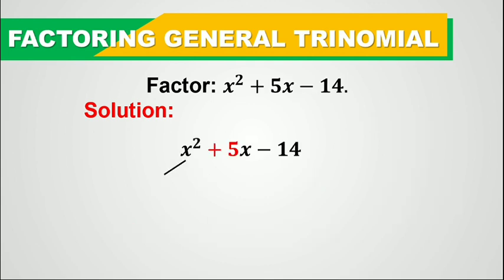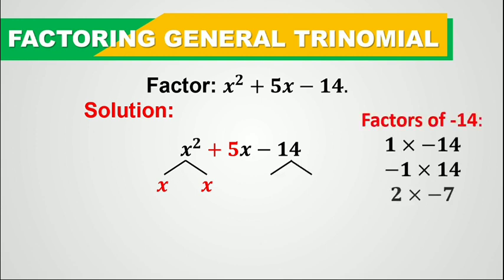Now, what about this? Let's factor x squared plus 5x minus 14. Again, factor the first term. x squared, that's x and x. And negative 14, what are the factors of negative 14? We have 1 times negative 14, negative 1 times 14, 2 times negative 7, and negative 2 times 7. So the answer when we multiply each of these factors is negative 14.